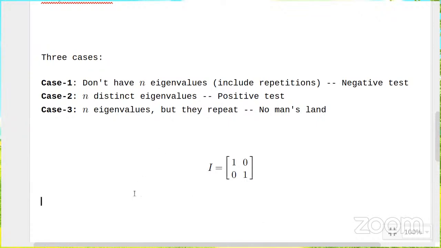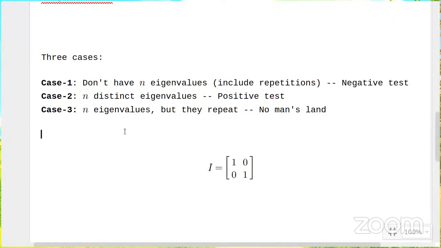Now, are you saying that this doesn't fall under case 2? Is that your confusion? Exactly, this is case 3. In this case, you have two eigenvalues, 1 and 1, but they repeat.